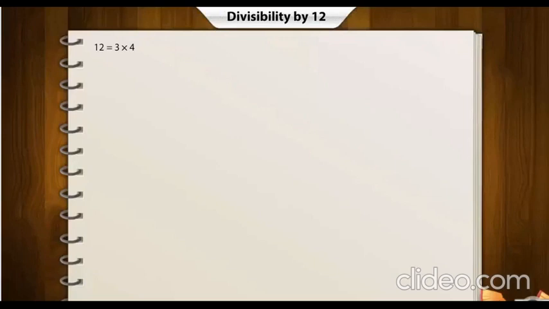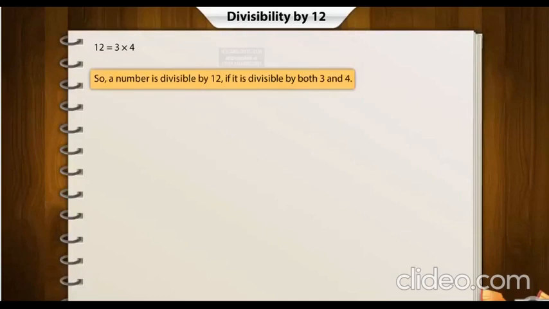Let's first look at the test of divisibility by 12. We know that 12 is the product of 3 and 4. So, we can say that if a number is divisible by both 3 and 4, then it is divisible by 12 too. Let's take an example.